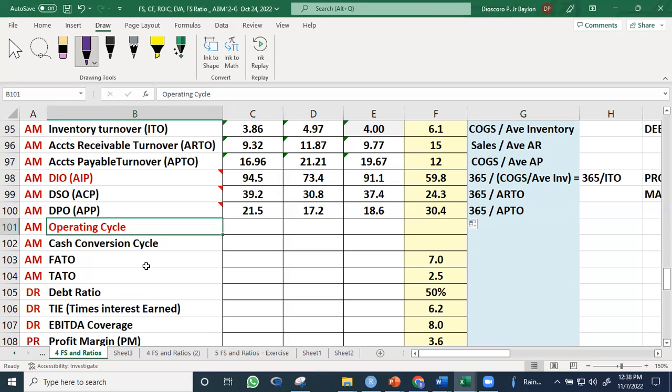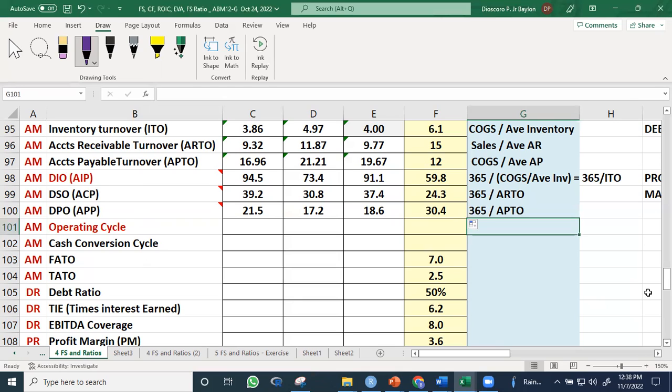Yun yung operating cycle. So can anybody please give me the formula for the operating cycle? Yung cycle na yon, ilang araw yon, ang tawag doon, operating cycle.